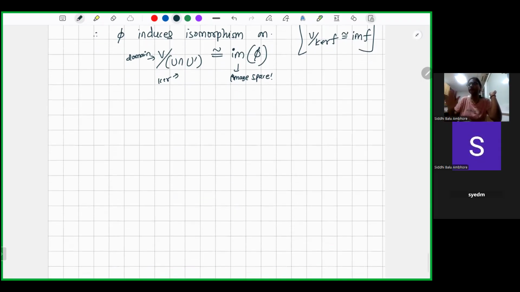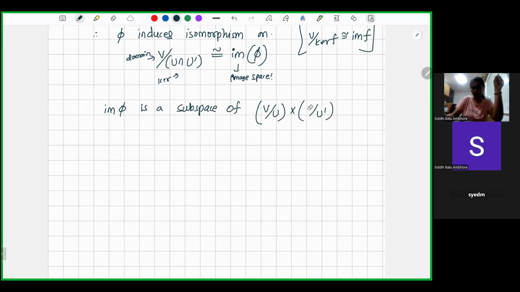So now, if we show that the image of phi is a whole space, note that the image of phi is a subspace of V quotient U cross V quotient U dash, and we don't even need to prove anything further. Each of these is finite dimensional.